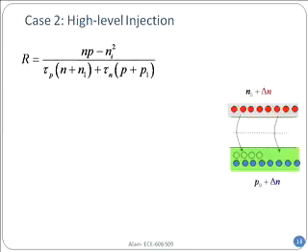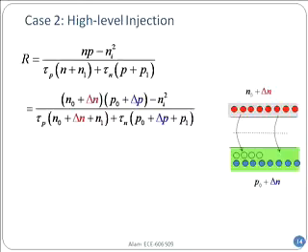High level injection, same procedure, but now you have shone a very strong light. Let's say you have put a laser on a little piece of semiconductor. The semiconductor was intrinsic to begin with. Huge number of electron hole pairs. So therefore, what are you going to do?